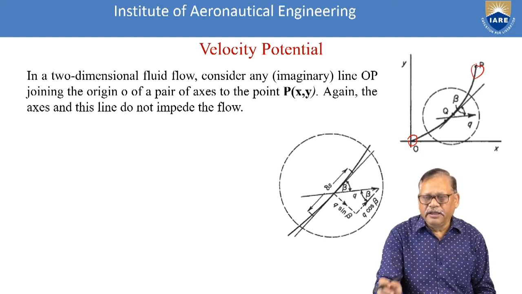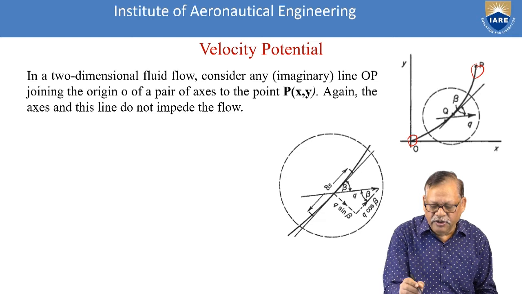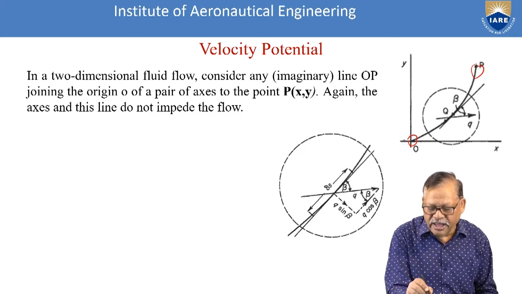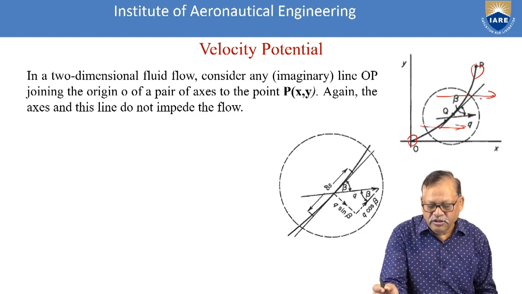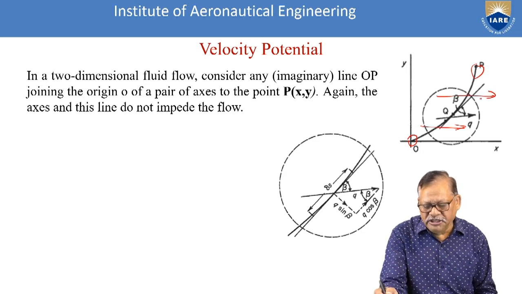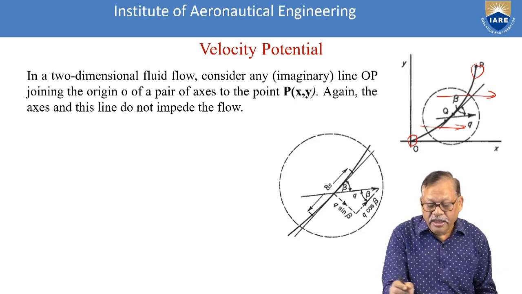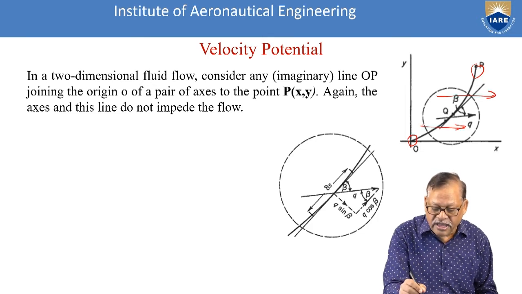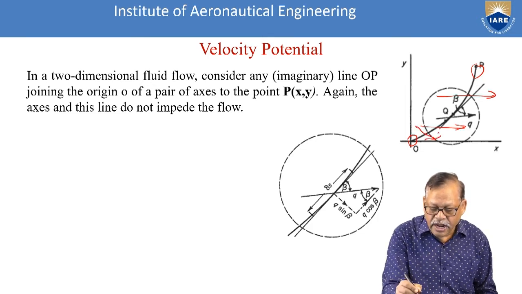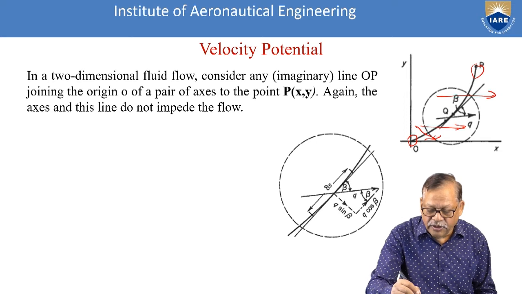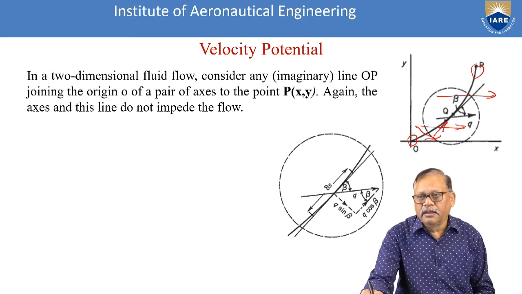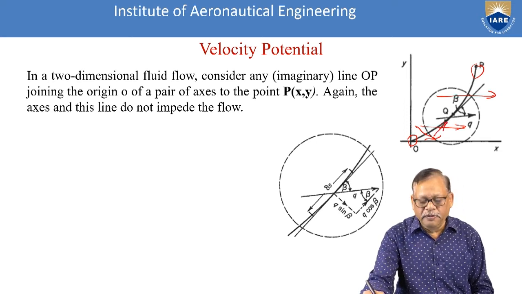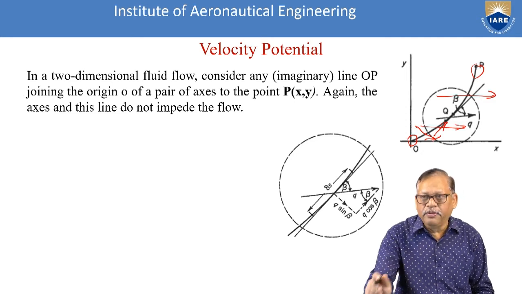So with that, we will resolve that one. The Q is flowing in this direction. So how much fluid is coming across the line OP, and how much is going along the line OP? If we integrate from O to P, we will get it.